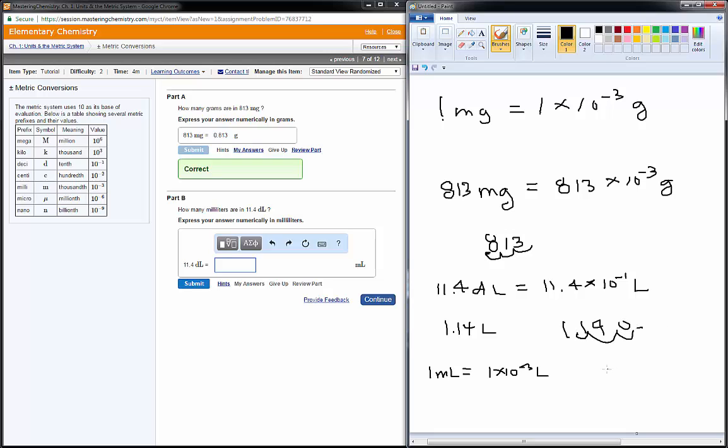So that gives me 1140 times 10 to the minus 3rd liters, right? I just took this value, I moved the decimal place until my scientific notation said 10 to the minus 3rd, and I still have liters. And now I can substitute milli for 10 to the minus 3rd, because that's what milli means. So that means 1140 milliliters.